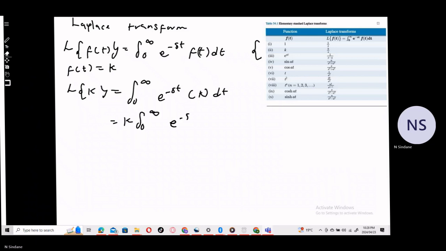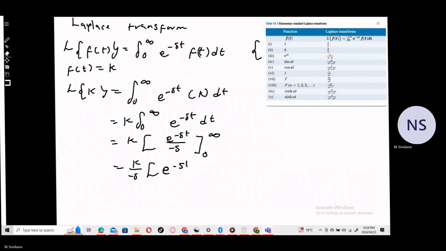dt. So k is a constant, I can take it out. Then I'll have the integral from 0 to infinity of e to the power minus st dt. Then this will give me k into, when I integrate this, e to the power minus st over negative s from 0 to infinity.